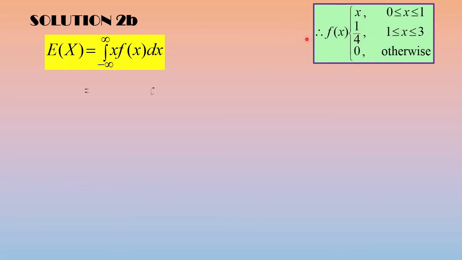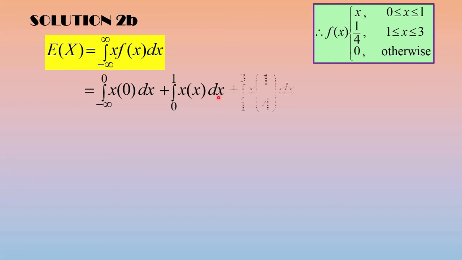We need to integrate from negative infinity to 0, x times 0, plus 0 to 1, the function is x, so x times x, plus 1 to 3, the function is 1 over 4, so you need to multiply with x, plus 3 to infinity, x times 0 dx. Simplify.